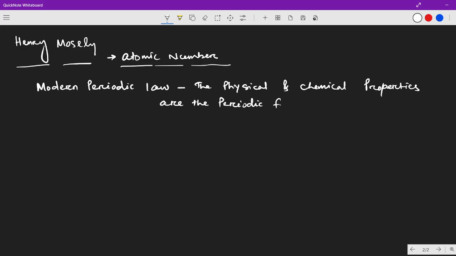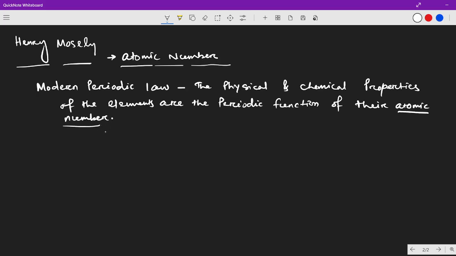The physical and chemical properties of the elements are the periodic function of their atomic number. That means this atomic number defines the physical and chemical properties of an element.